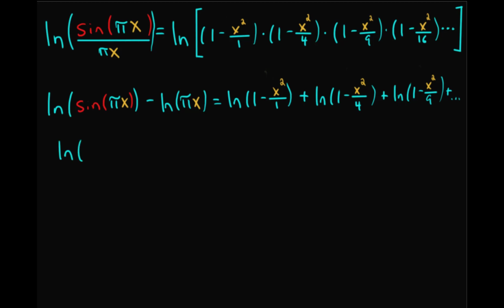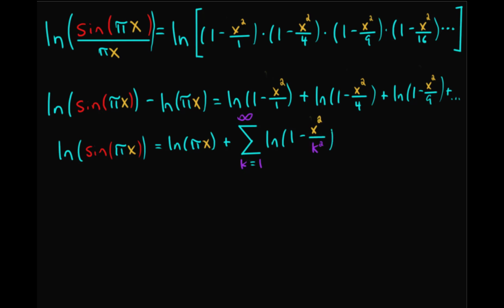So I'll just move that log pi x term over to the right-hand side of the equation, so I'll have log sine pi x equals log pi x, and then I'll write this infinite sum a little more concisely using sigma notation. This will equal the infinite sum indexed from k equals 1 to infinity of the logarithm of (1 minus x squared over k squared).